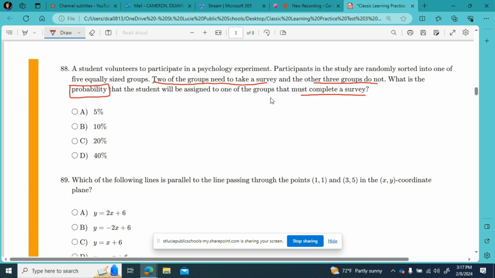So when we see that word probability or chance, we're going to set up our ratio or proportion by figuring out what we want, which is must complete survey, compared to the total groups.